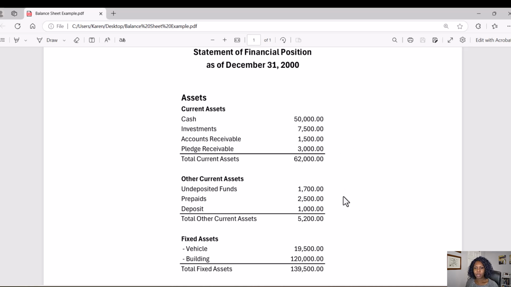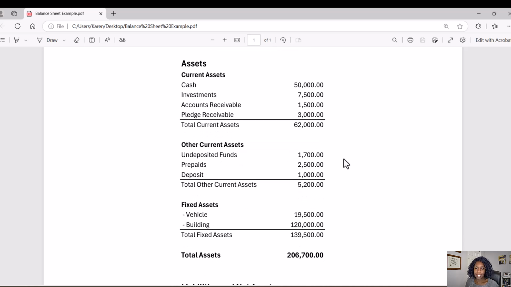Now we're going to go to our next section, our other current assets. These are less liquid. And I have listed here undeposited funds, prepaids, and deposits. Undeposited funds are simply cash that you have on hand, but you haven't deposited in the bank yet. And then prepaids.